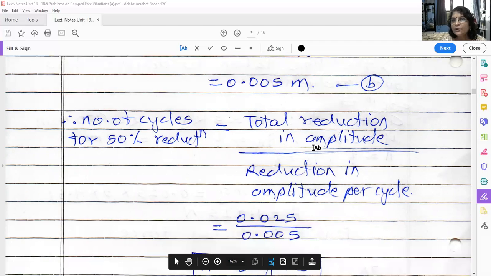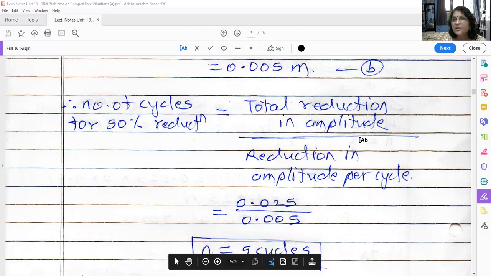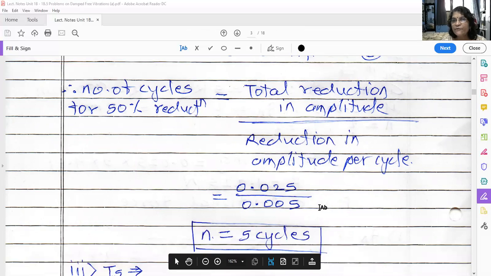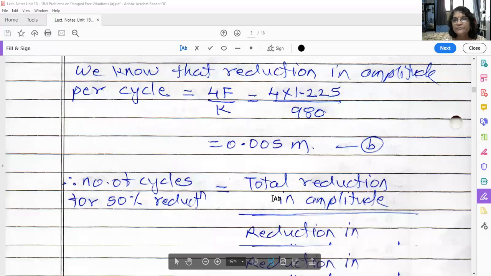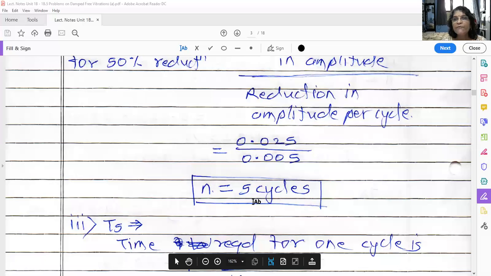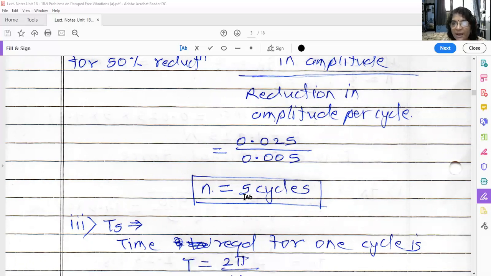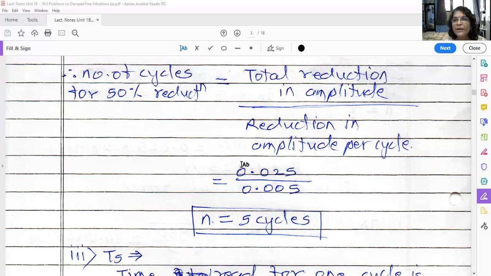The total reduction is 0.025, and the reduction per cycle is 0.005, that means A upon B. So it comes out to be 5 cycles. So the number of cycles required is 5 to get the reduction of 0.025 meter.